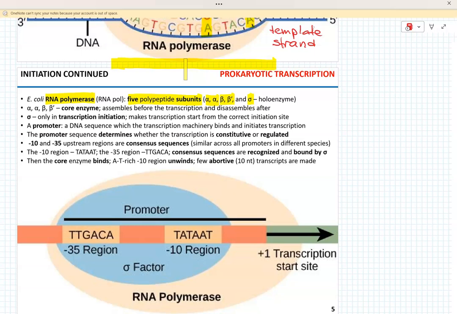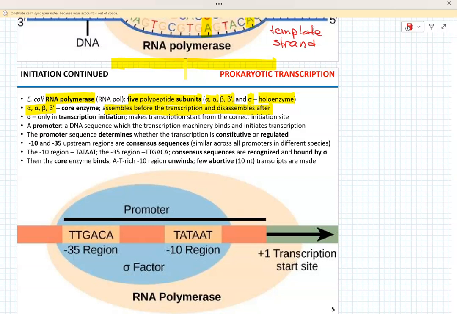All 5 of them comprise a holoenzyme, or the functional form. The first 4 subunits, 2 alphas, beta and beta prime, form a core enzyme. The core enzyme assembles before transcription starts and disassembles after it ends.